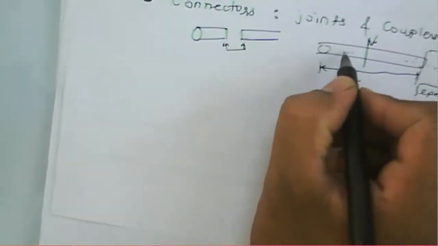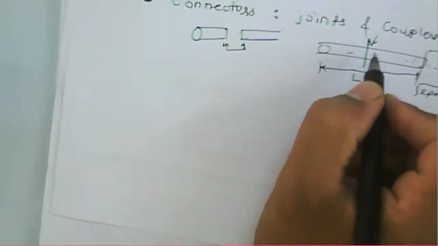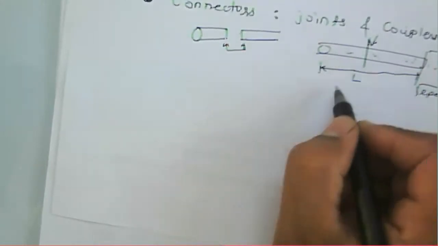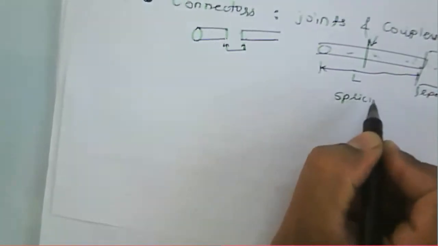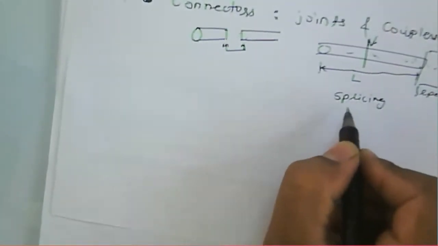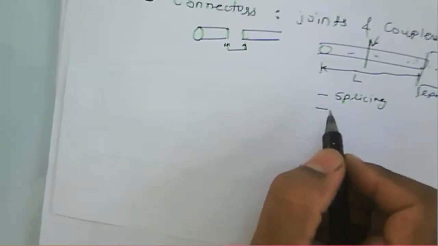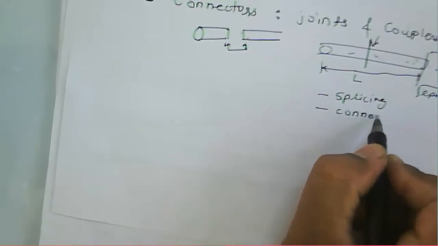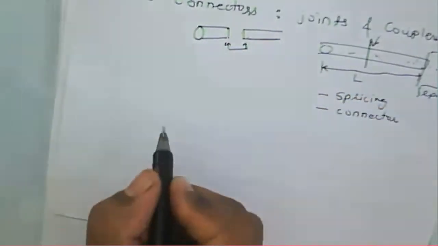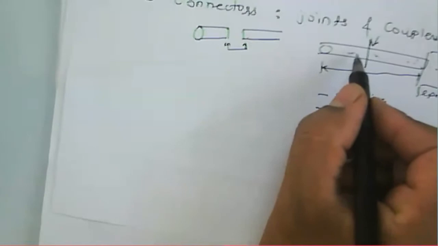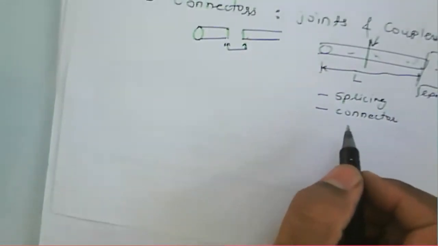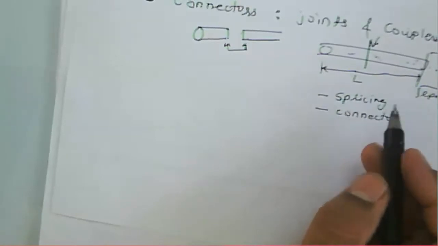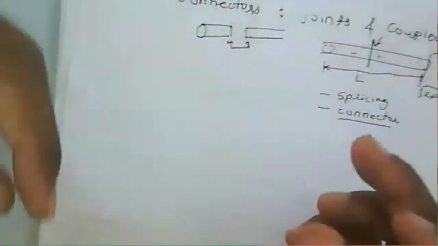So there are types of fiber joints: joining two fibers using a splicing technique or splices, or another technique is to join using a connector. Joining the two fibers, we can either use a splice or a connector. A connector means it can be easily removable.